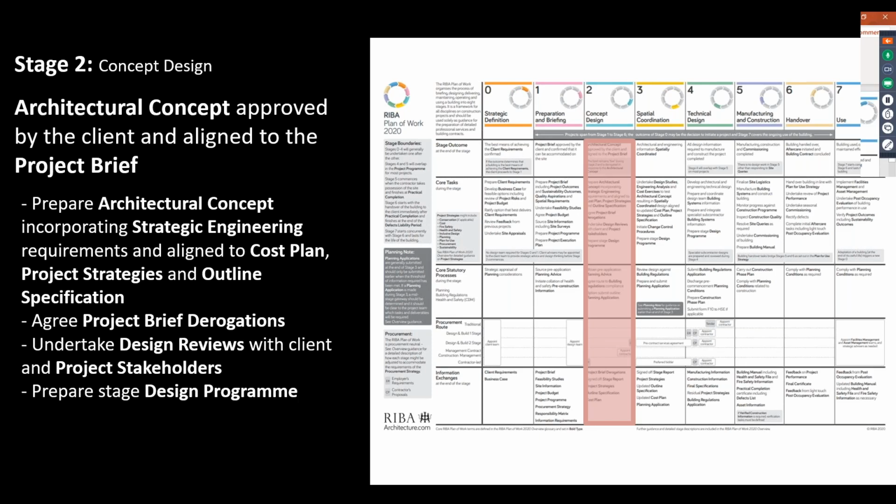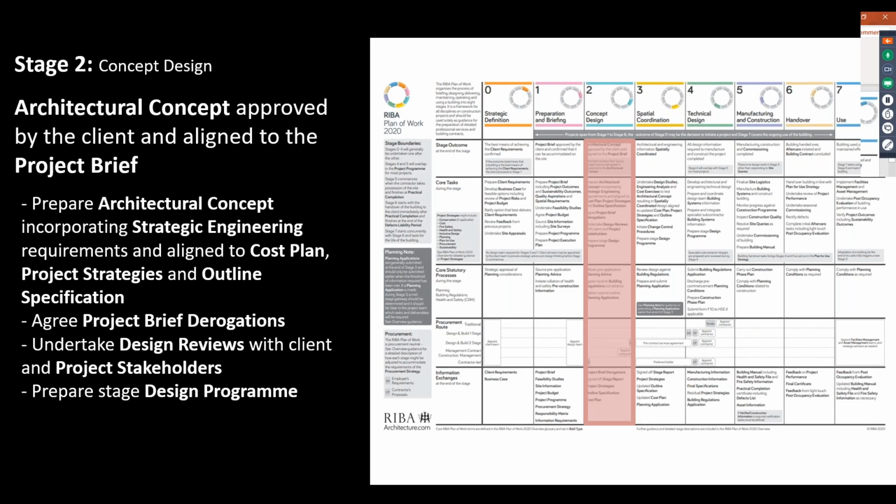And when we say strategic engineering, what we're really thinking about is more rules of thumb kind of engineering, and making sure that elements like the grid or the plant rooms that are required are incorporated into that architectural concept. And of course, any architectural concept also needs to be aligned to the client's cost plan. Otherwise, we're going to end up with iterations as we go into stage 3.